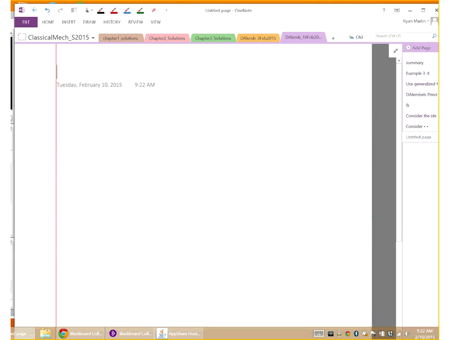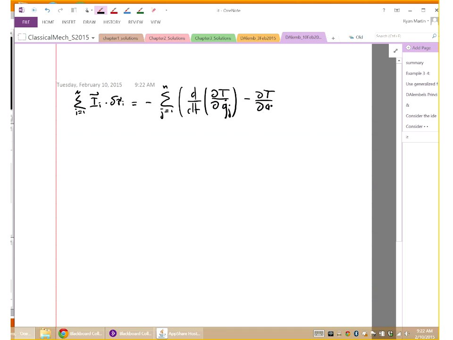So doing that, we finally have our original thing, which was the sum from i equals 1 to capital N, capital I vector sub i dotted with delta Ri vector. That's equal to minus the sum from j equals 1 to n of d by dt of di T by di Qj dot minus di T by di Qj.